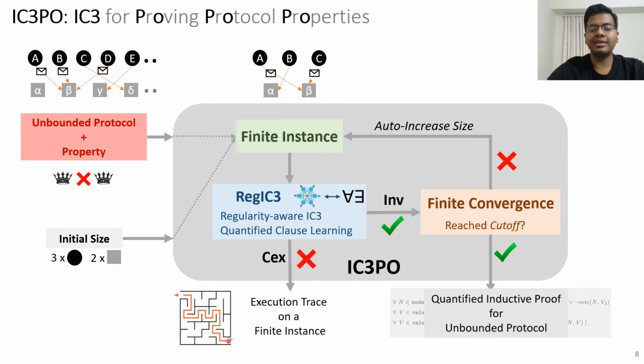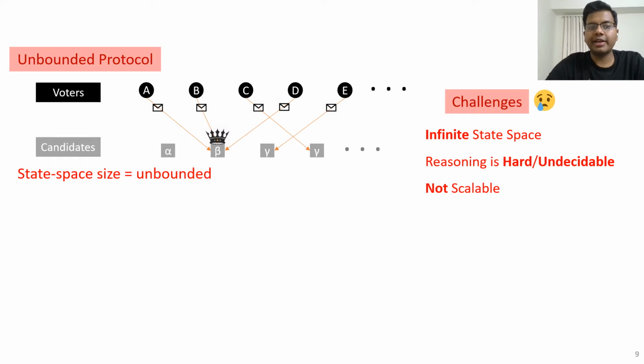Let's try to understand this with a simple example. Directly performing model checking using SAT and SMT solvers to directly reason about unbounded distributed protocols is hard since the state space is infinite.